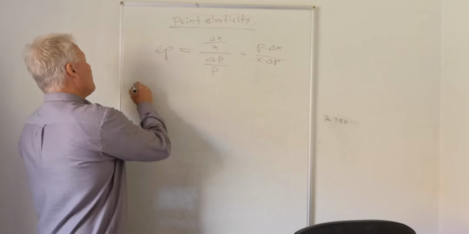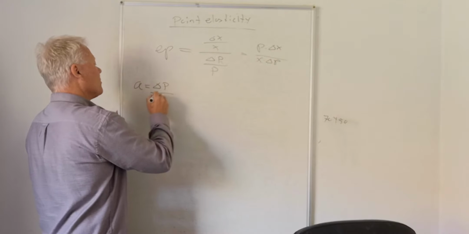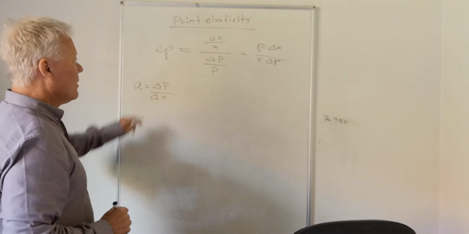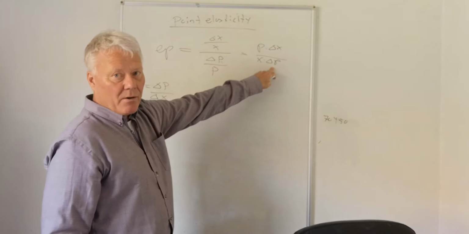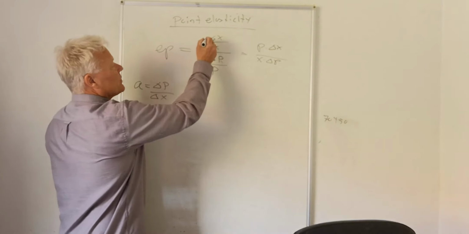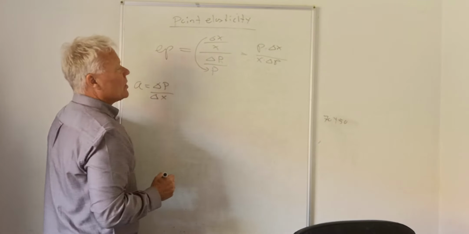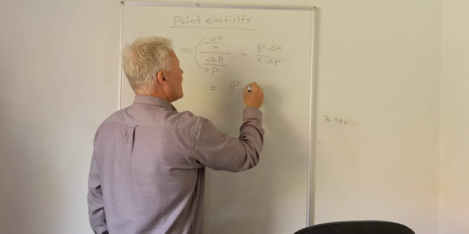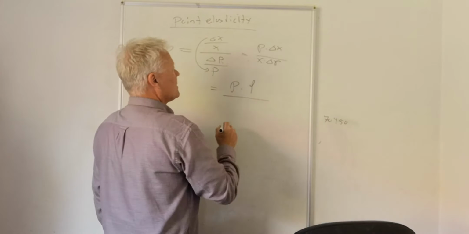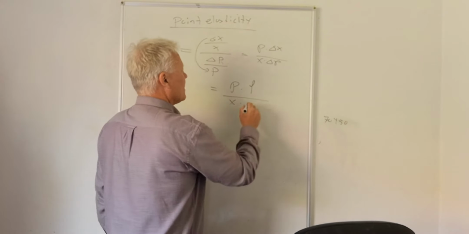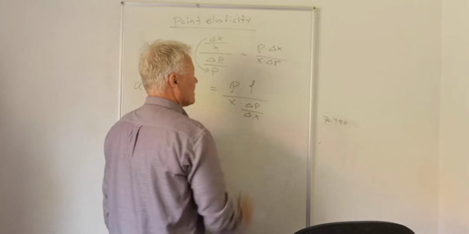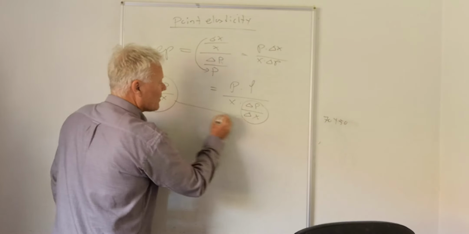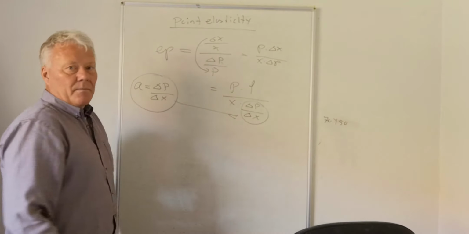And what we knew from before is AX is the change in P over the change in X. That was the slope. And that's exactly the opposite of that one. But we know that this one could go down here, so we can use a little bit of math by saying P times 1 is the same as X times the change in P over the change in X. So now I have had the chance to change it. So this one and this one are equal. Okay?